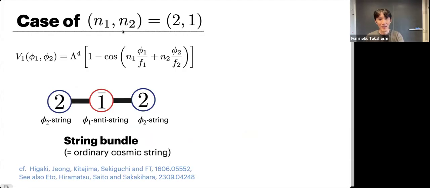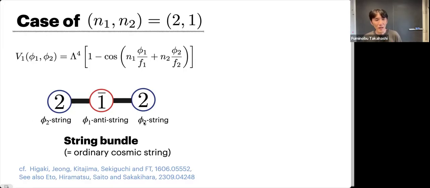And because n2 equals unity, one domain wall is attached to the phi2 string. So by combining one phi1 string and two phi2 strings, we can consider this kind of composite object, which is termed a string bundle. Namely, the string bundle consists of multiple strings connected by domain walls stretching between the strings.